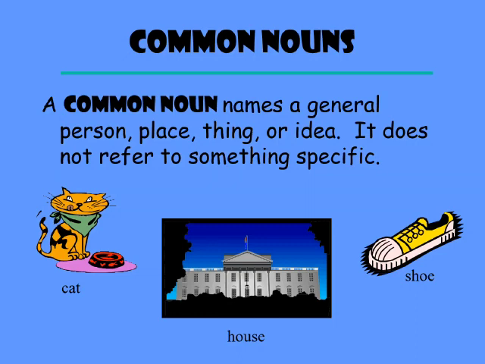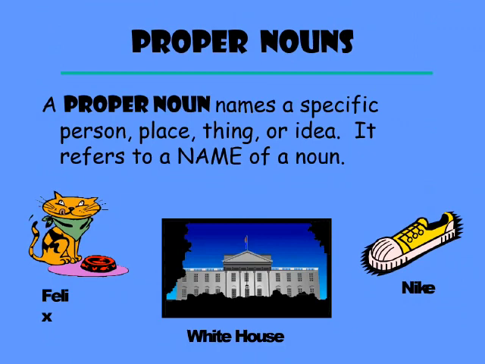A common noun is a general noun, and a proper noun is a name given to a specific individual, right? For example, common nouns like shoe, house, cat, teacher, doctor, these all are common nouns.